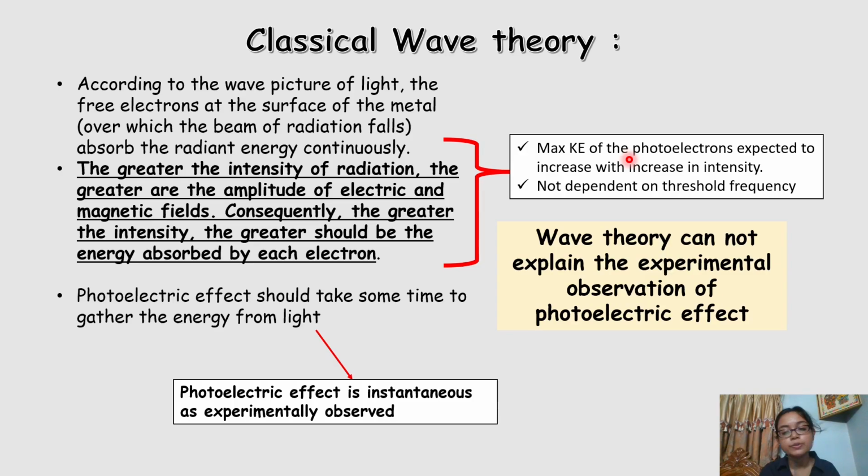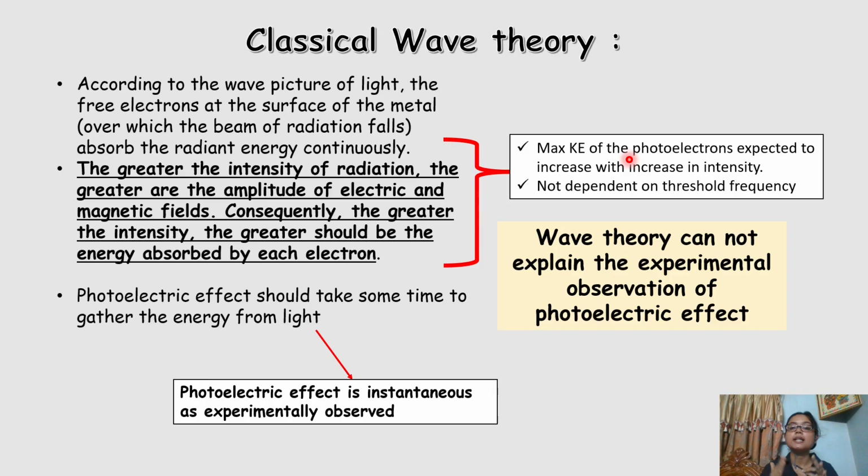And if I give a greater intensity of radiation, then the amplitude of the electric and magnetic fields will be higher, and as a result, the energy absorption by each electron must be higher. That means the maximum kinetic energy of the photoelectrons is expected to increase with the increase of intensity.